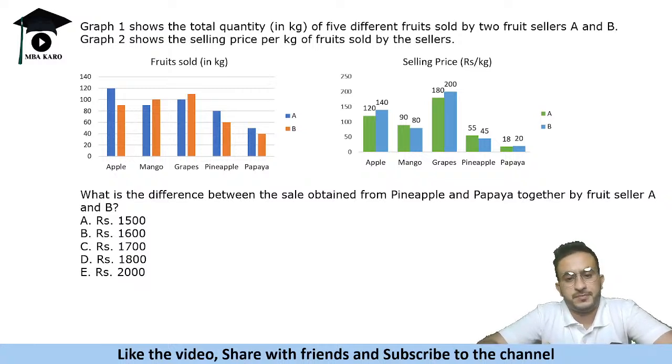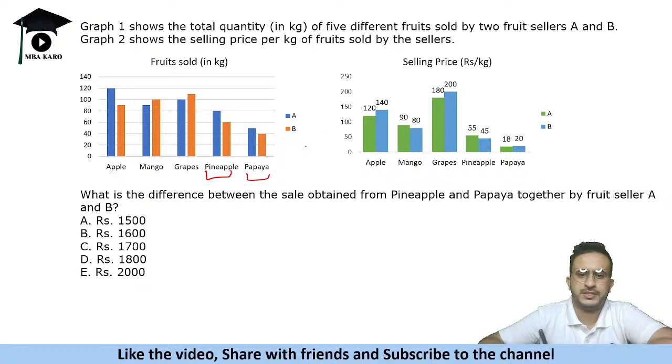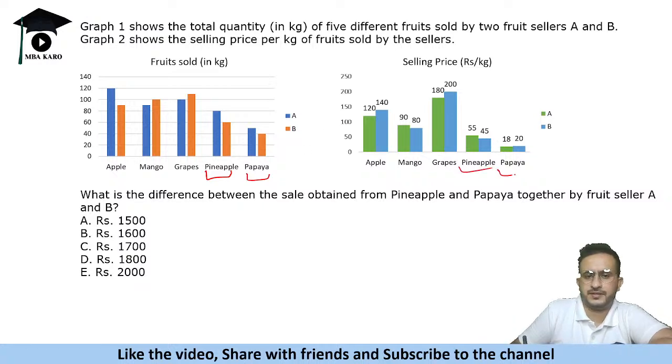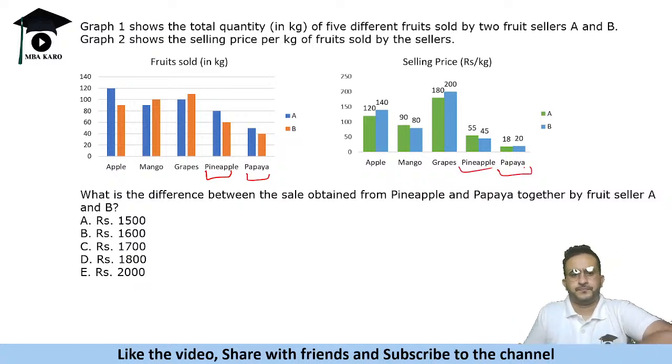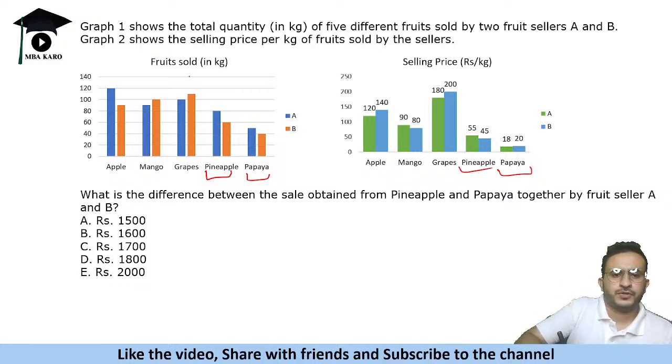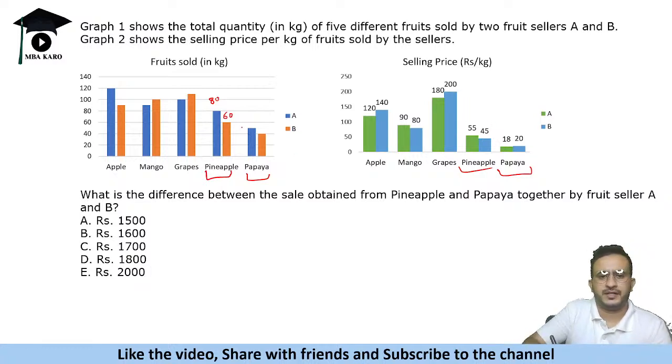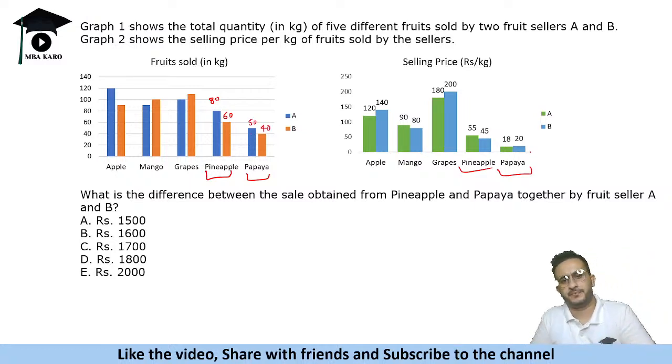What is the difference between the sale obtained from pineapple and papaya together by fruit seller A and B? So pineapple and papaya का सेल का डिफरेंस निकालना है. So pineapple is 80 and 60, 55, 45, and papaya is this is 50 and 40 of 18 and 20.